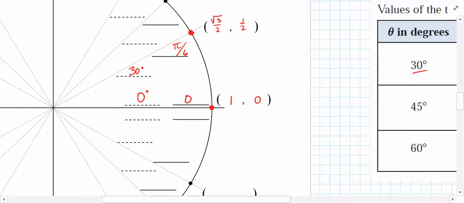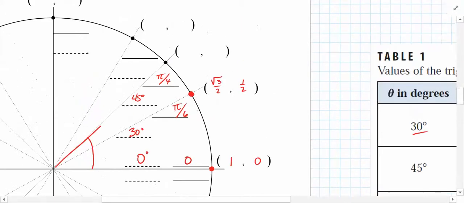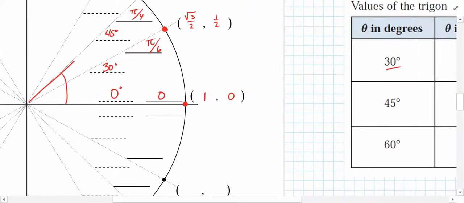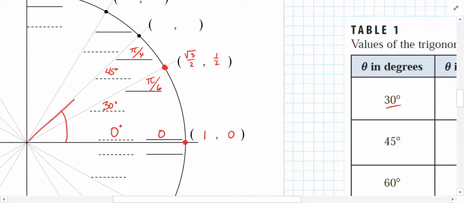Now for the next angle measure, that's this one here. It measures 45 degrees, or pi over 4 radians. Its x value and y value happen to be the same. And that should be somewhat obvious to you because the triangle that's formed here is an isosceles right triangle. This side must be congruent to this side.